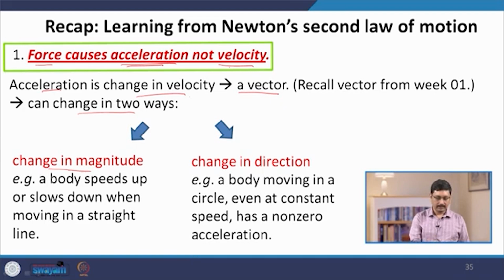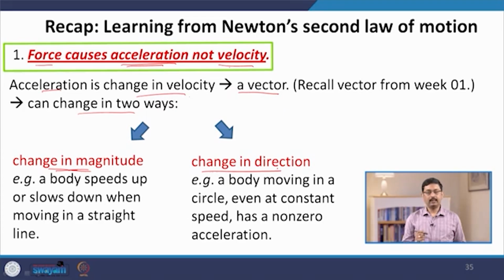This is a common situation which is easy to understand, where the acceleration is due to the change in the magnitude of velocity. But there is another scenario in which the magnitude of the velocity can remain the same, but its direction can change.